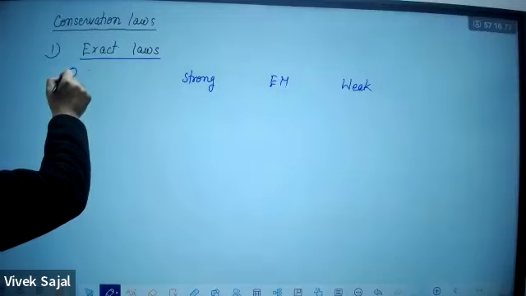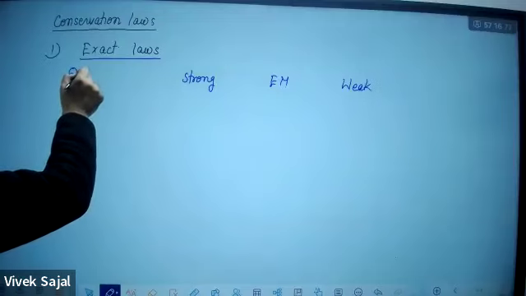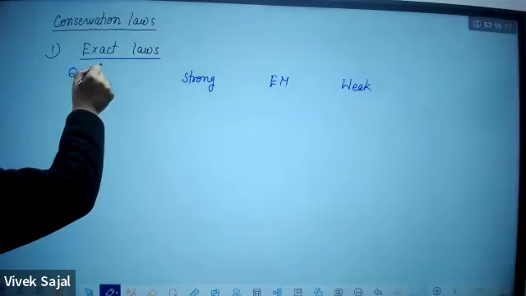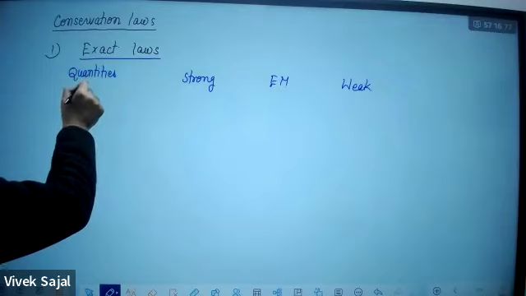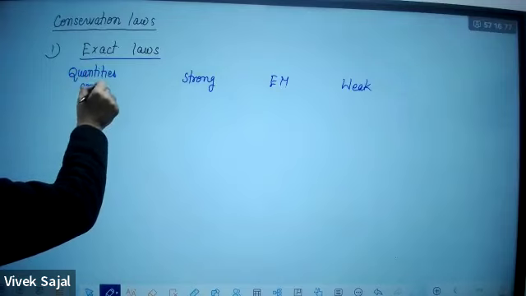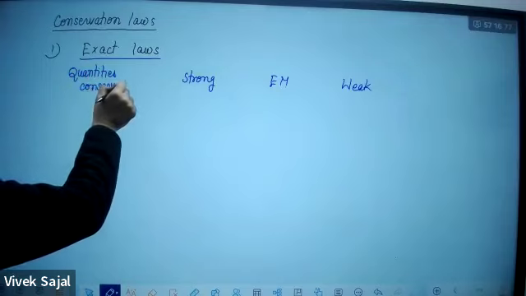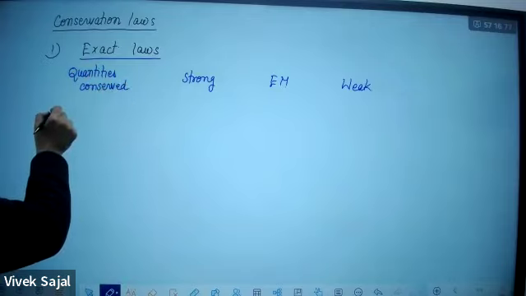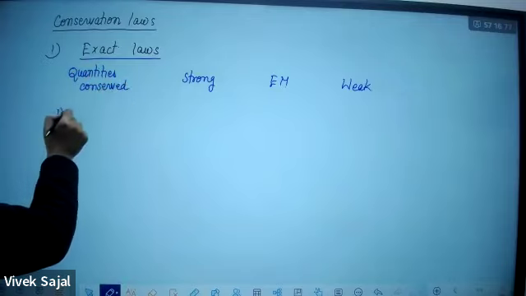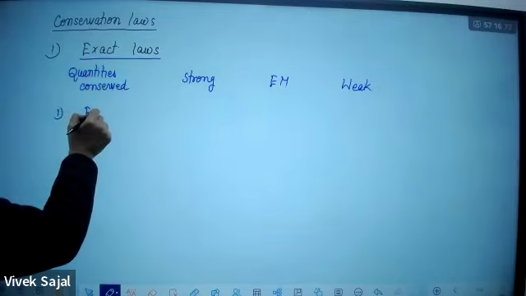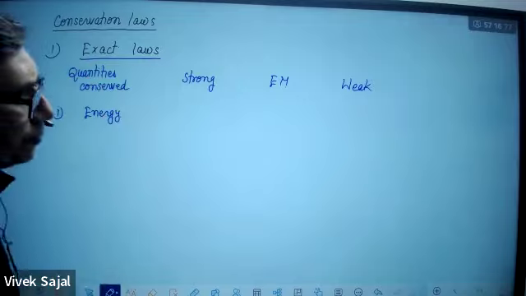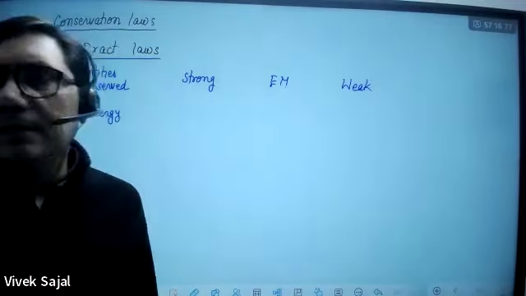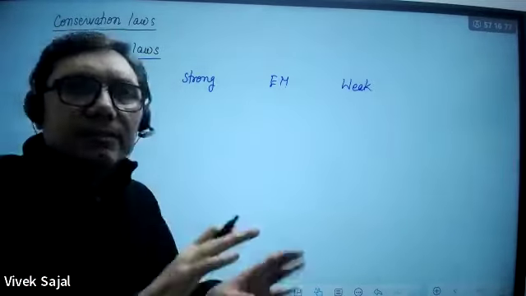Here I am writing quantities which are conserved. First is energy. Energy is conserved in every interaction.